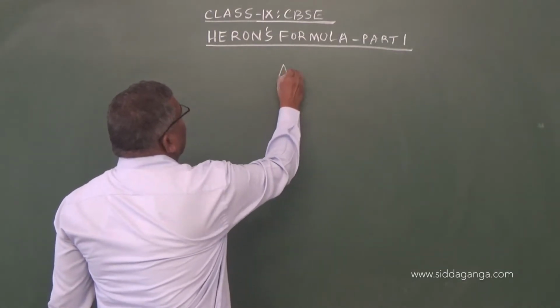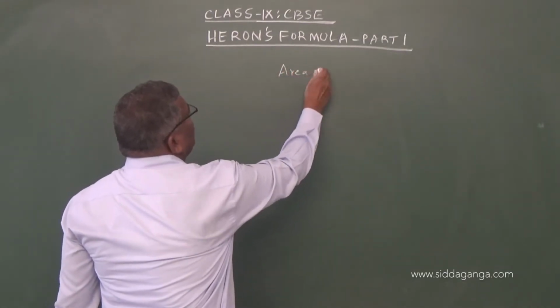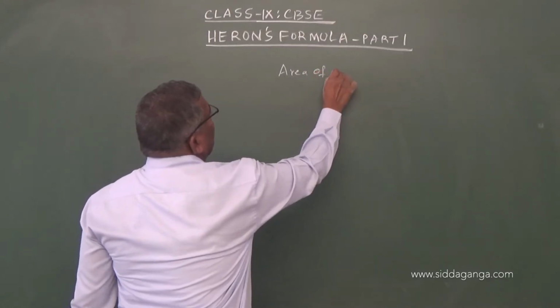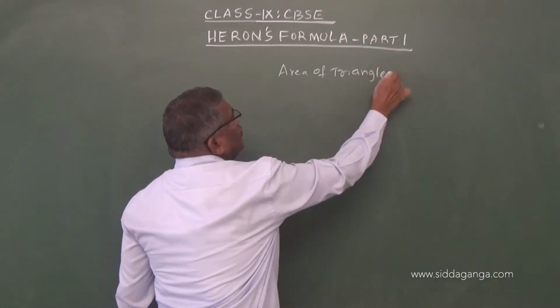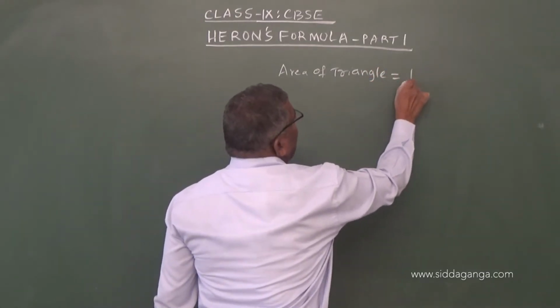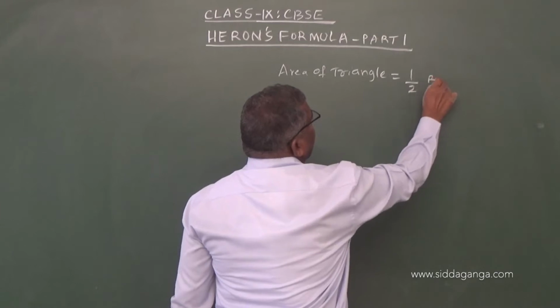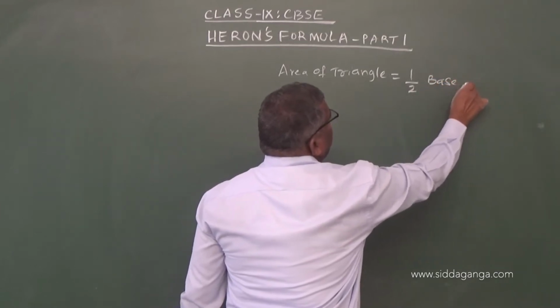So, area of triangle. You are familiar with one formula, that is half base into height.